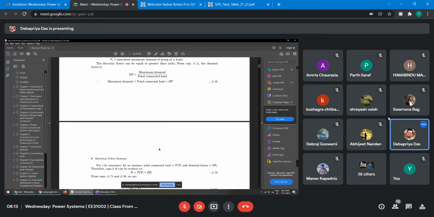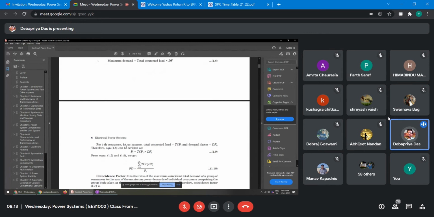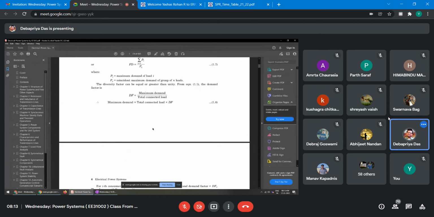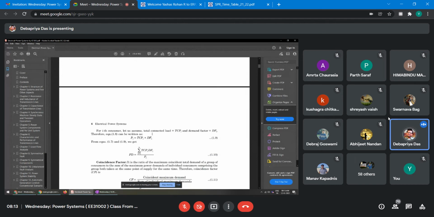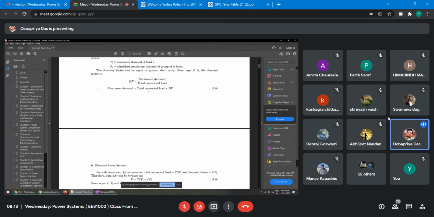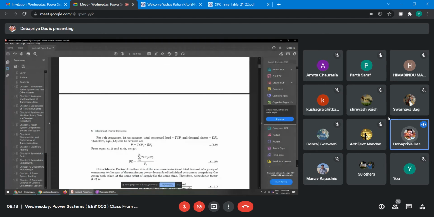Now, for the ith consumer, it may be industrial, agricultural, like this. Let us assume the total connected load is TCPi and the demand factor is DFi. Therefore, this equation, equation 1.8, can be written as Pi is equal to TCPi into DFi, right?